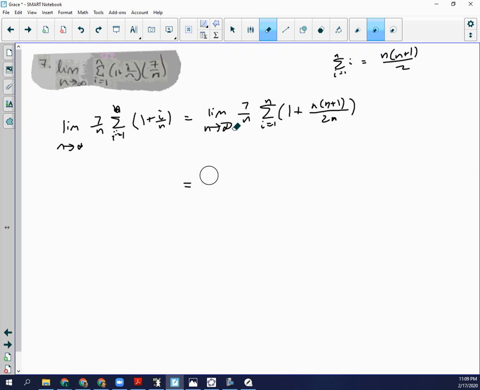So we've got 7 over n times what's going to end up being n. Again, the sum of i equals 1 to n of 1 is simply going to be n. So when that gets multiplied by the 7 over n, we have 7 over n times n.